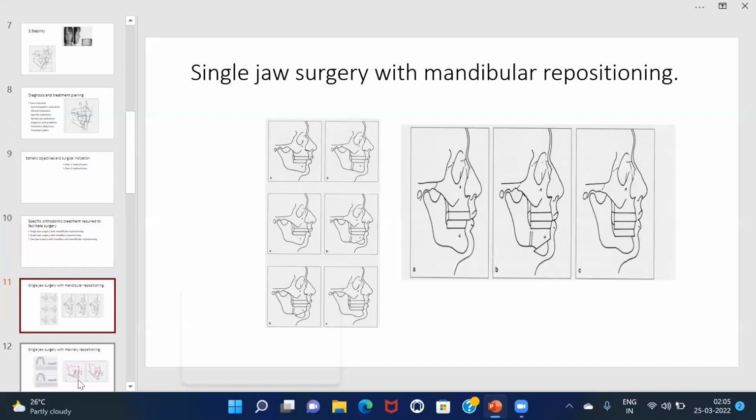Now, in the second one, figure A, diagnosis: class 2 malocclusion and a mandibular anteroposterior deficiency with macrogenia. The esthetic requirements demand a surgical advancement of the mandible and the chin. In B figure.